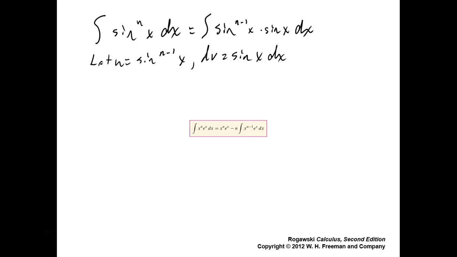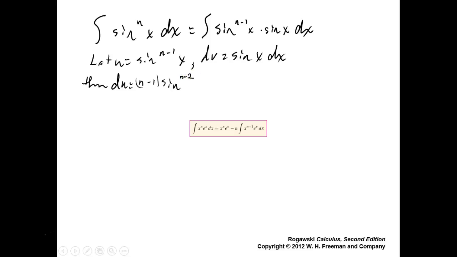Okay? So then, what's your next step? du is equal to what? No, n minus 1. N minus 1 times sine to the, you take the derivative of sine to the n minus 1, you get n minus 1 times sine to the n minus 2, right?